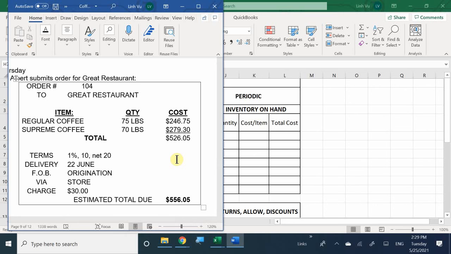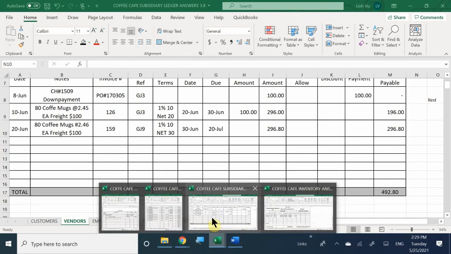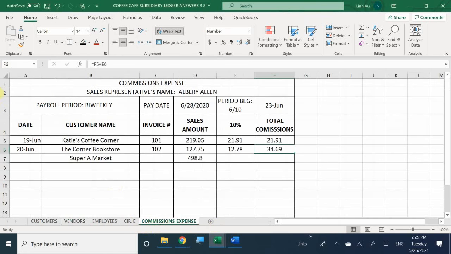Because this is a sales order, right? But look at how much coffee we're selling to this particular client. So who are we selling this to? Great restaurant. So we're going to put this in commissions.